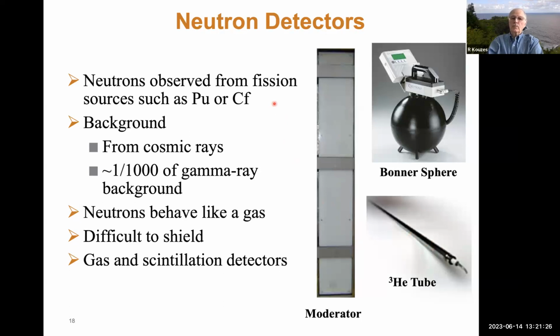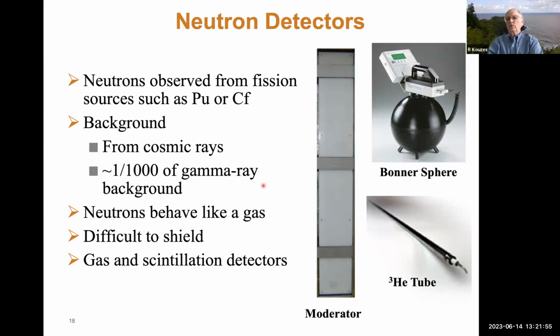Neutrons are emitted from special nuclear material like plutonium and uranium, and also from sources like californium. So neutrons are of particular interest when I talk about border security. The other reason they're of interest is that the background that's present for neutrons is typically only from cosmic rays, and it's about a 1,000th of the background rate of gamma rays.